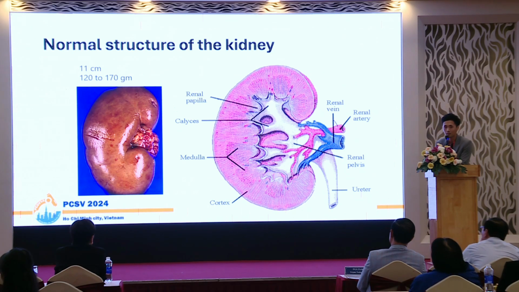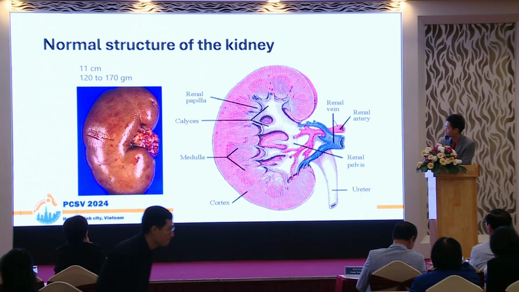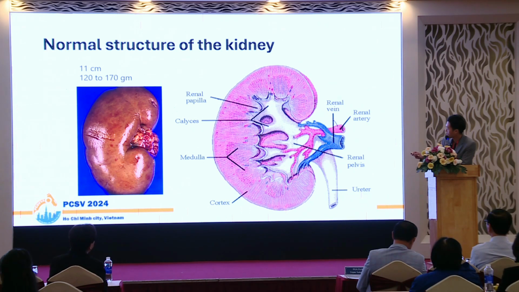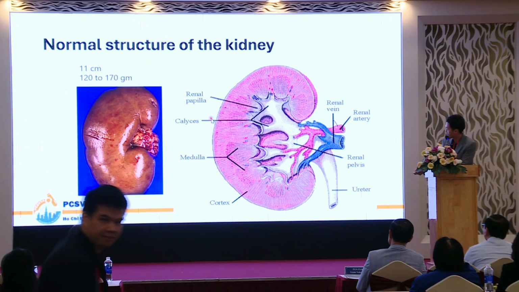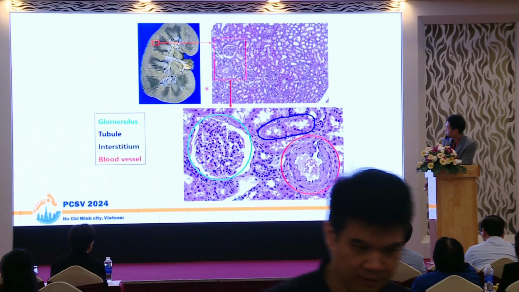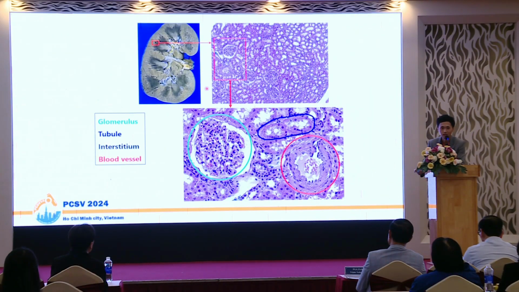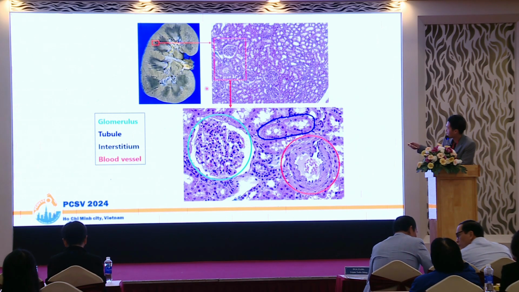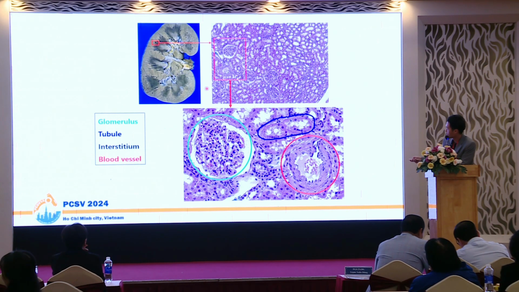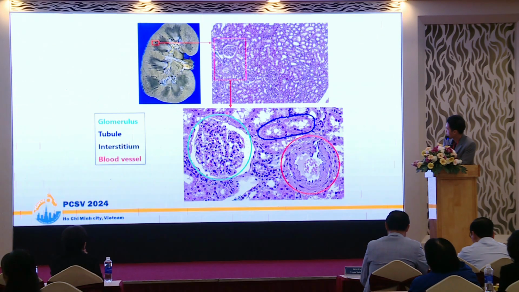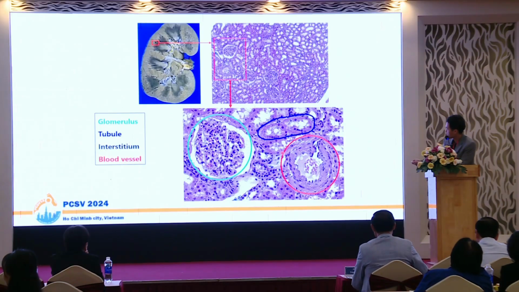This is how the normal kidney looks. It measures 11 centimeters and the weight is between 120 and 170 grams. The kidney parenchyma is composed of the cortex and medulla. The cortex is a pretty interesting area because it contains glomeruli, tubules and blood vessels.